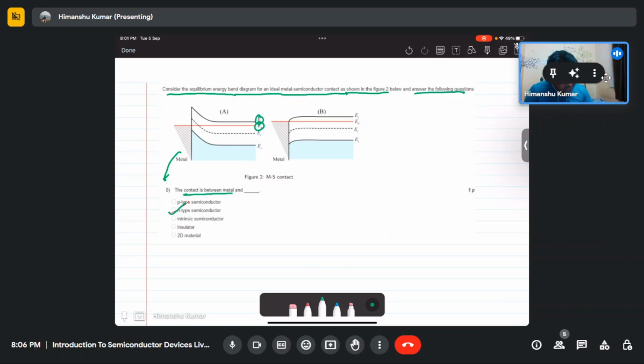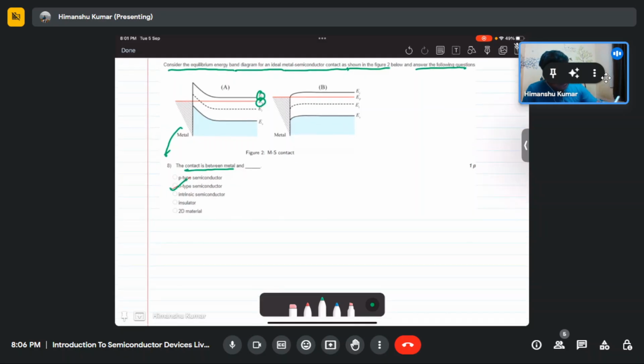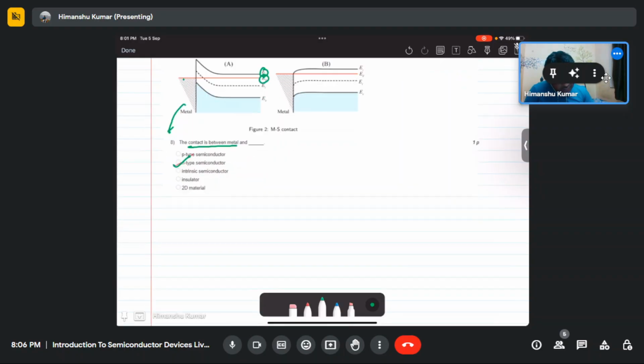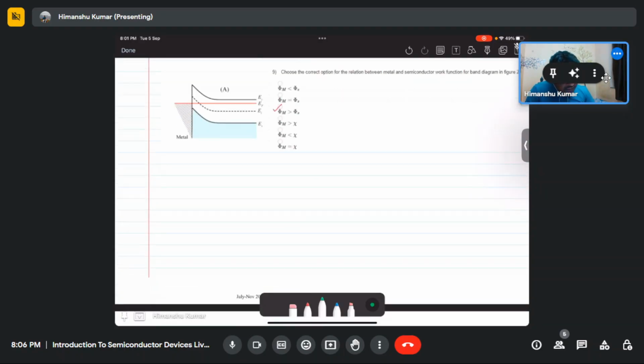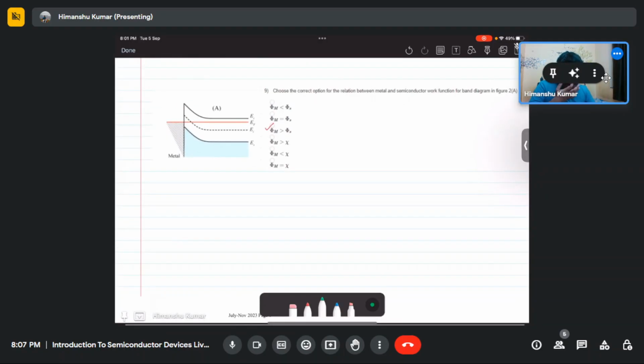So this is a straightforward question. Even in both cases, the semiconductor is n-type only. Only the difference is in the work function, here the work function is different. So we are considering the case A. Choose the correct option for the relation between metal and semiconductor work function for band diagram in figure 2A.